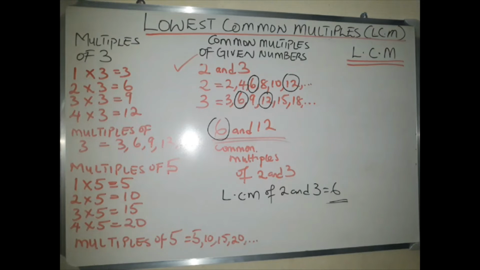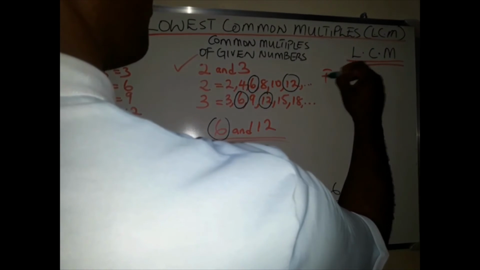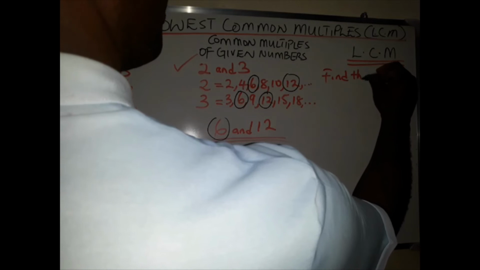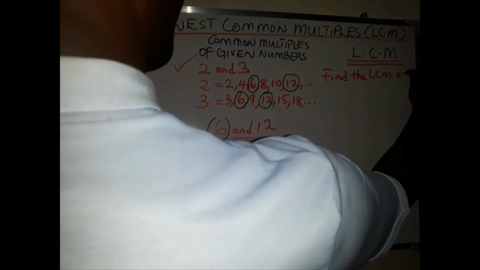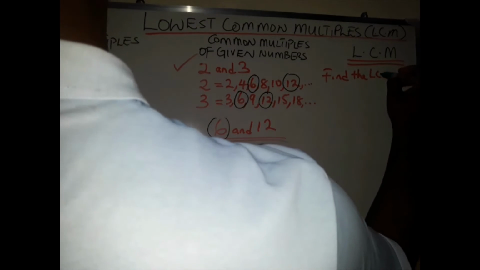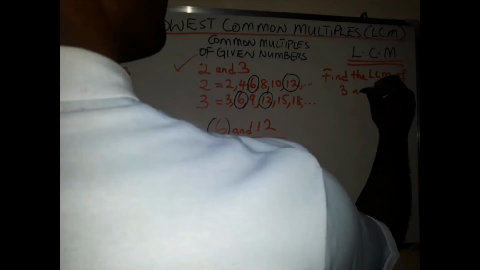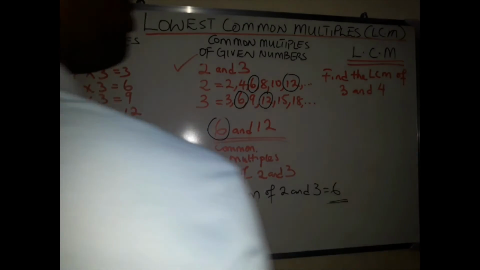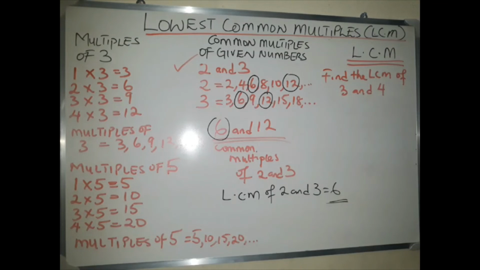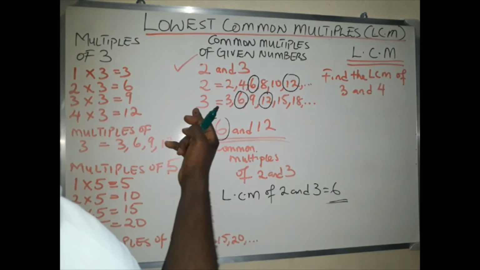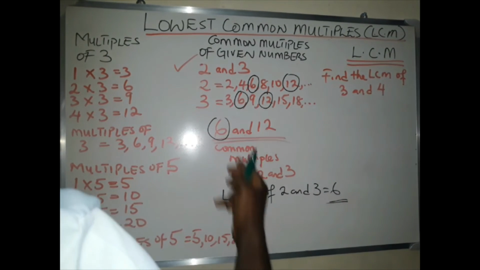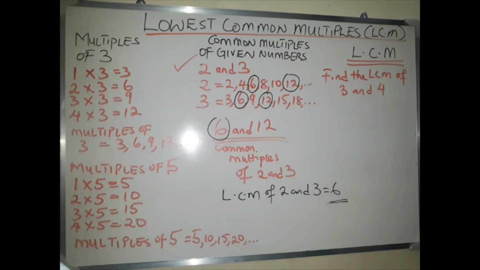I'm going to write an example here, and let the question be, find the LCM of 3 and 4. I can use the common multiples method, but I want to show you another method that you can also use.